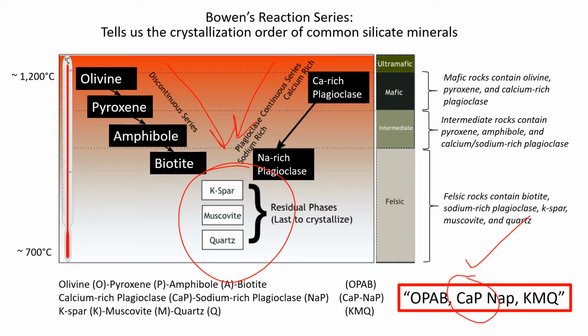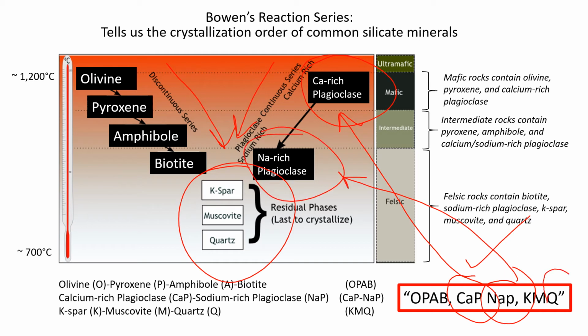CAP refers to calcium-rich plage, whereas the NAP refers to sodium-rich plage. And you can probably guess by now that the KMQ refer to K-spar, muscovite, and quartz. So that's a really good way of remembering the order of crystallization of the common silicate minerals. OPAB, CAP, NAP, KMQ.